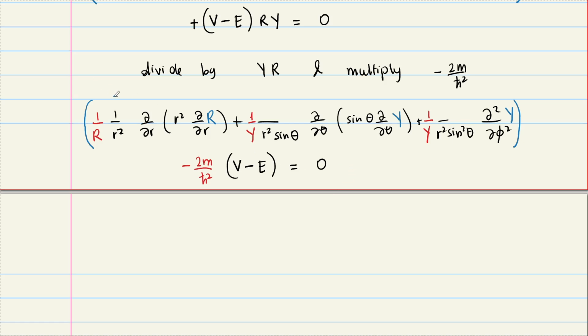So this thing, plus or minus this thing, only depends on r, right? Because this is r and r derivative, r squared, v is r dependent, e is a constant. In the Schrodinger equation, we are trying to find that constant, eigenvalue. So there is no theta or phi here.